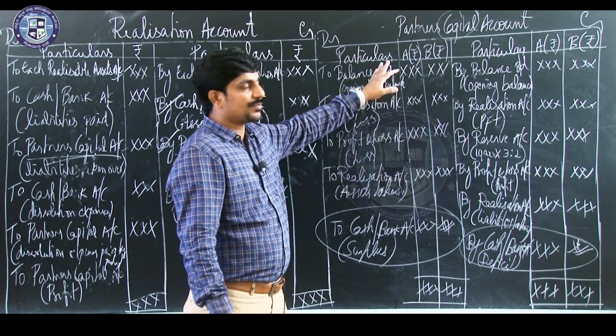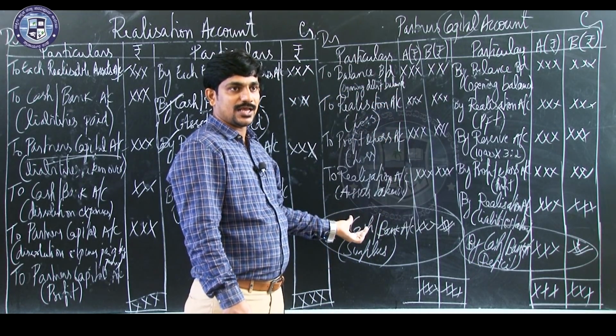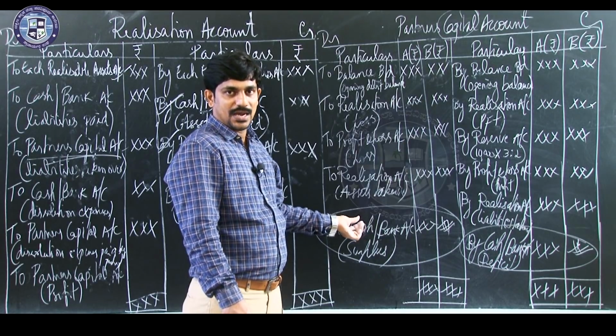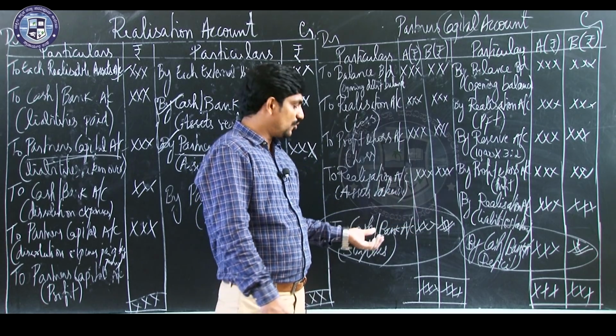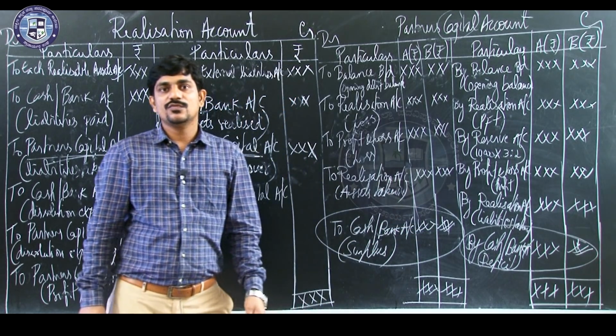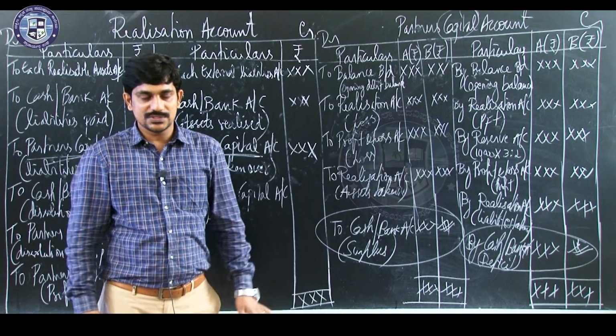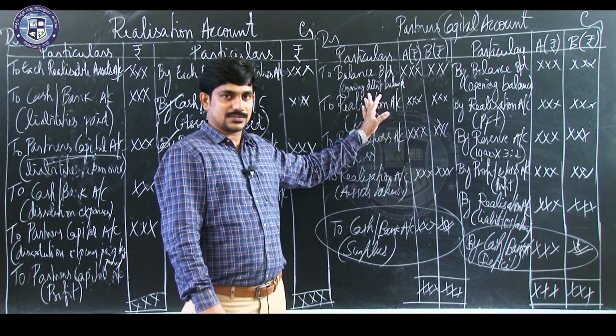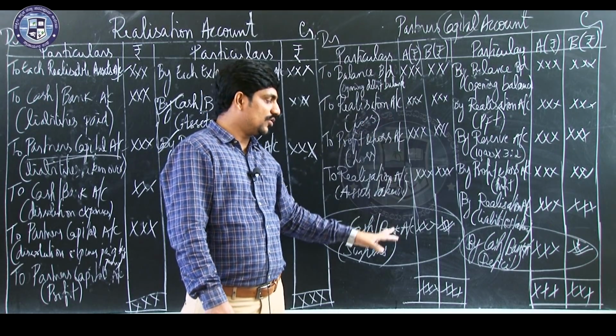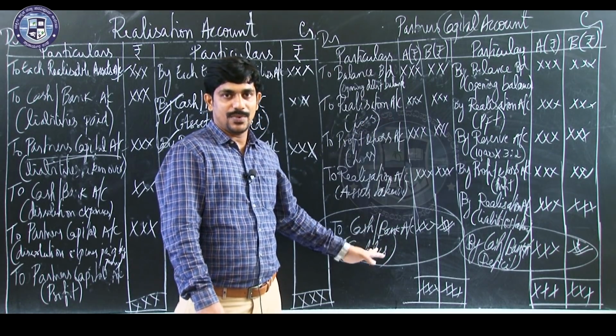So, the partner's capital account will be settled by transferring the amount to cash or bank account. No writing "to balance carried on," because we are closing the business and we need to close the accounts of partners. So, partners' capital accounts also will be closed by transferring the amount to cash or bank account.